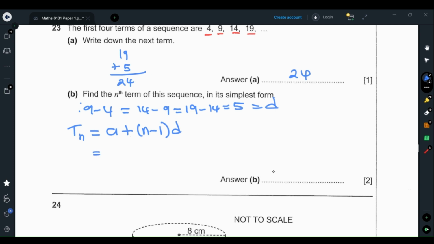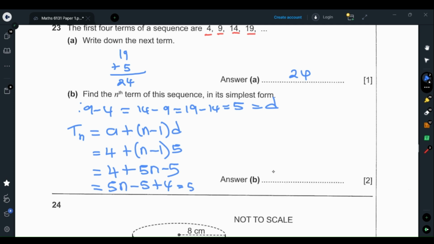So what is the first term? The first term is 4, plus n minus 1. Common difference is 5. Work this one out. We'll say 4 plus, expand the bracket, we'll have 5n. 5 multiplied by minus 1 is minus 5. Therefore, we'll have 5n minus 5 plus 4.